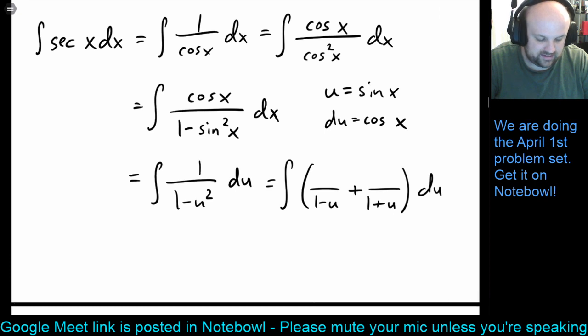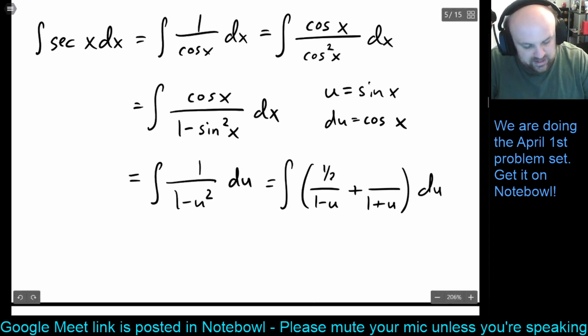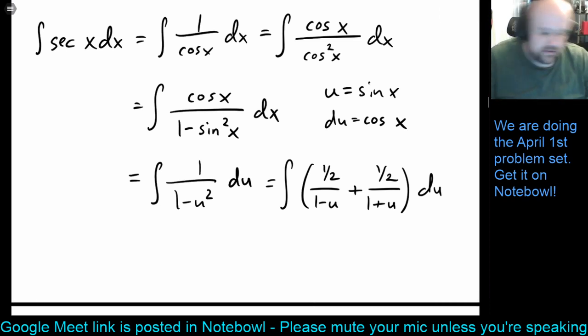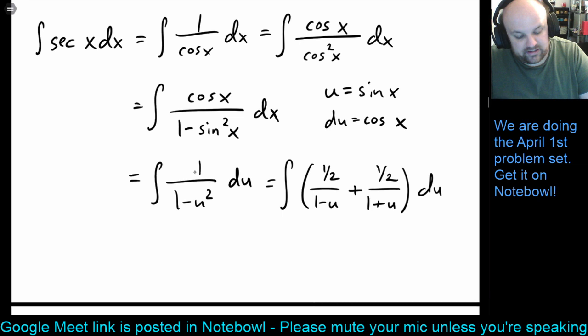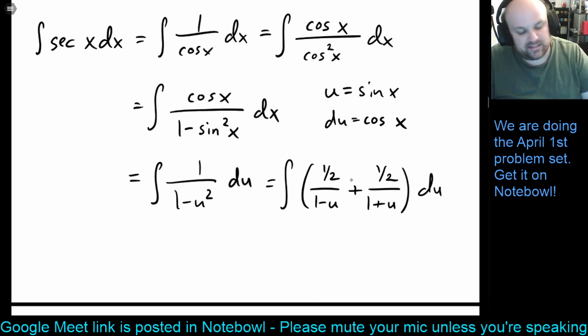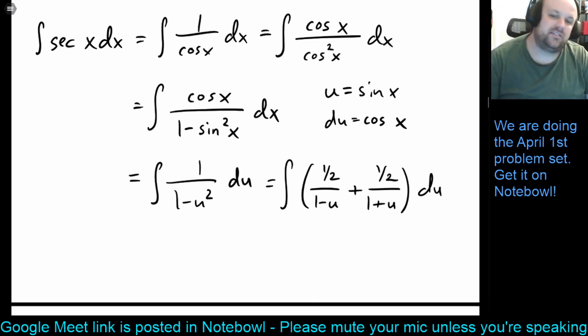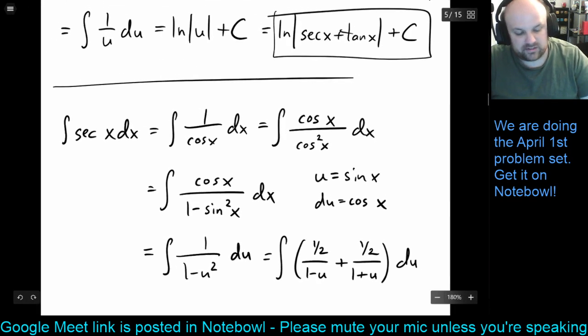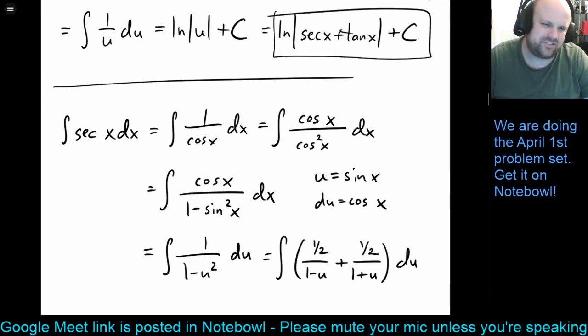I think the way this splits is 1/2 here and 1/2 here. So if you add these two fractions back together, you should get this. And at this point, these are just simple u sub integrals to do again. So I'll let you think about how the rest of that goes. You do have to do some clever work to get it back together into one piece like this, but it's not actually too bad at the end.